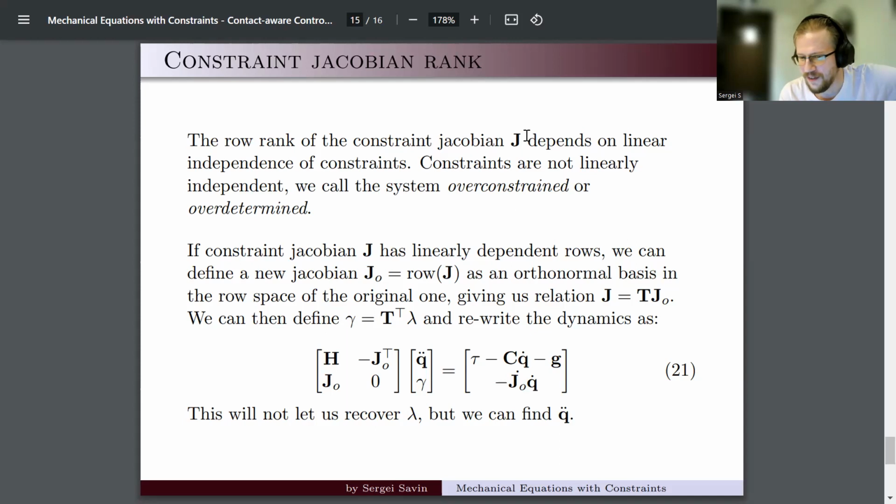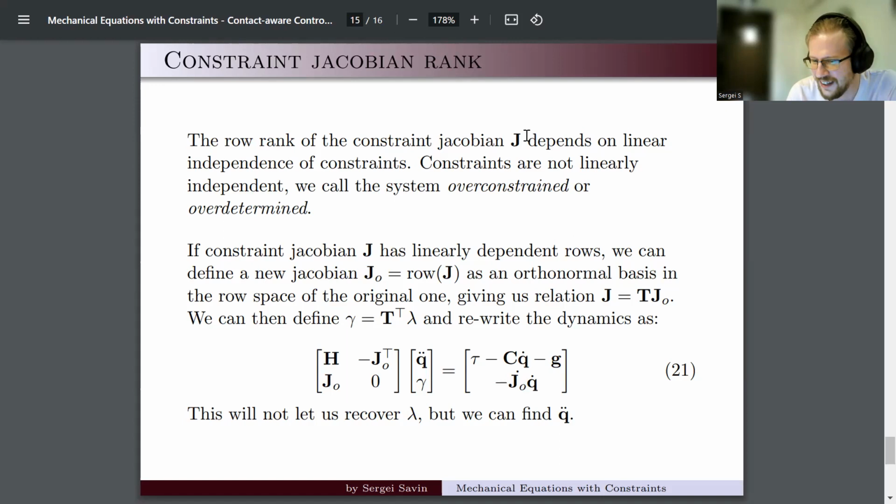For example, if you consider your table as a system with constraints, it will be over-constrained. Why? How do you know? Well, for example, if you replace one of the legs of your table with a wheel, something that can just slide back and forth, it will still stay still.